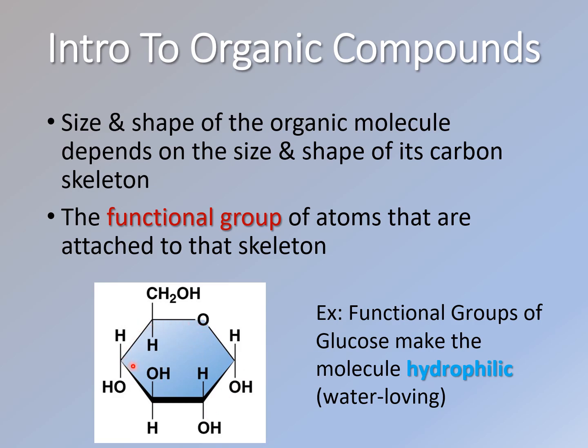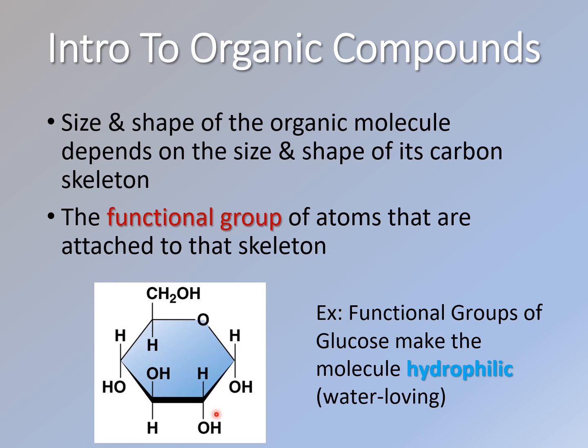That carbon, like we said, attaches to hydrogen, but it can also attach to other things such as oxygen. These different groups that are hanging off or attached to the carbon skeleton are called functional groups. If it's anything other than just a single hydrogen, such as an oxygen and a hydrogen, or the CH2OH, these are called functional groups.